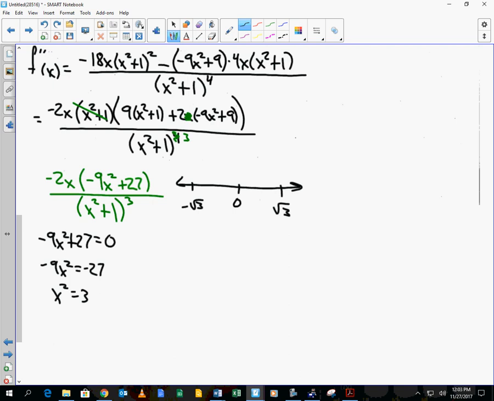This is a cubic, right, up top here. Is a cubic positive or negative? Positive, so it's going to end going up. So negative, positive, negative, positive.